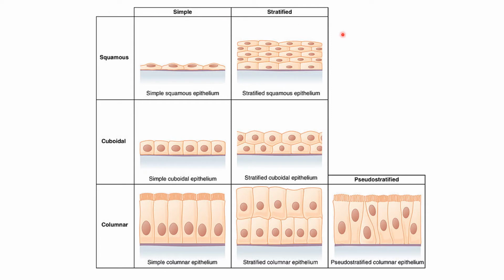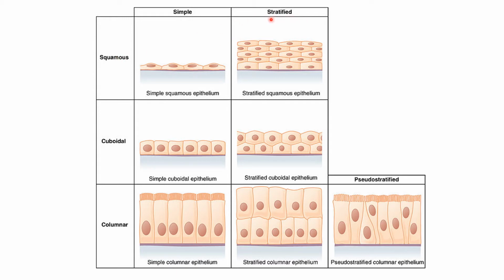Epithelial tissue comes in several different flavors, and the form that it takes is highly dependent on what the job of that epithelial tissue is. So squamous shaped epithelial tissue are these flat little squished ones. You can have a simple squamous, which is just a single layer of the squamous epithelium, or you can have stratified.